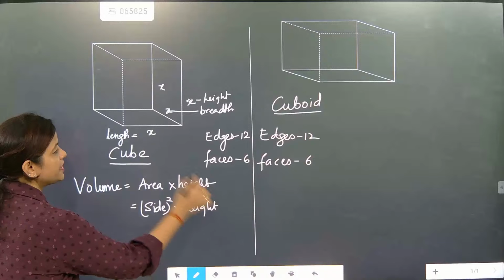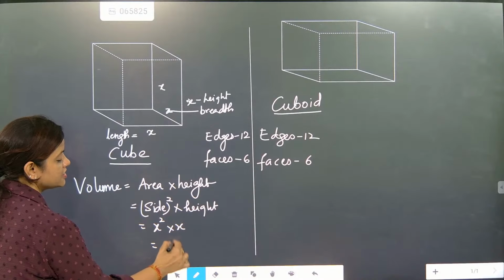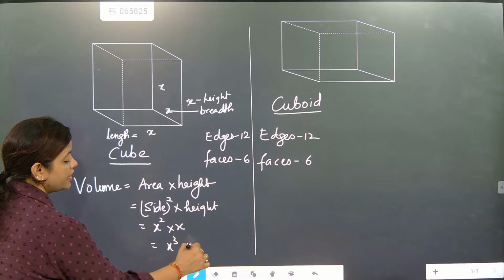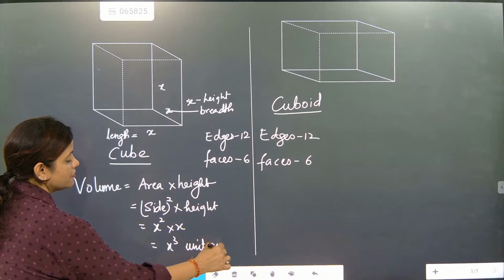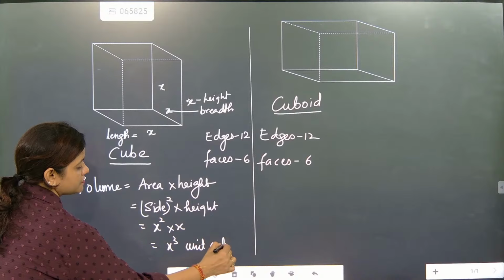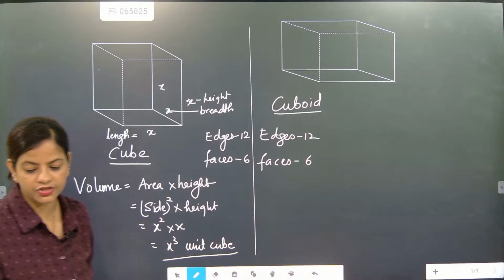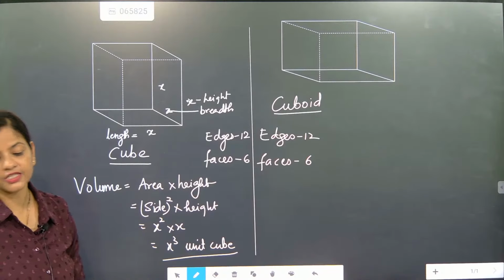And what is side, beta? Side is x. So x square into x, that is coming as x cube unit cube. I hope everybody understood. So the volume is coming as x cube unit cube.